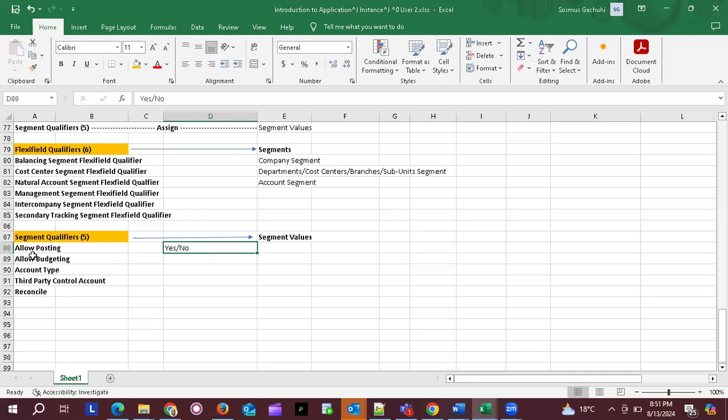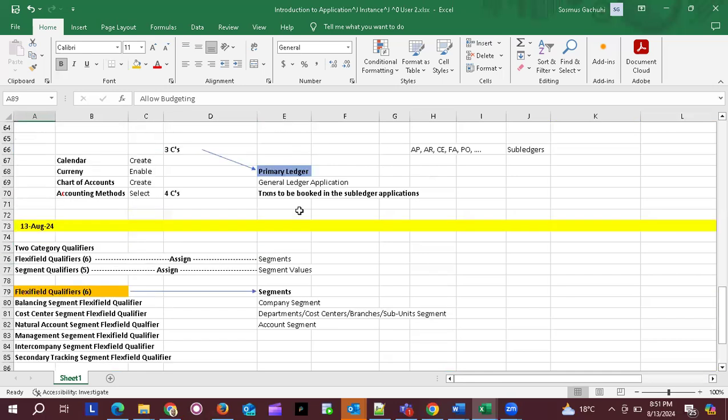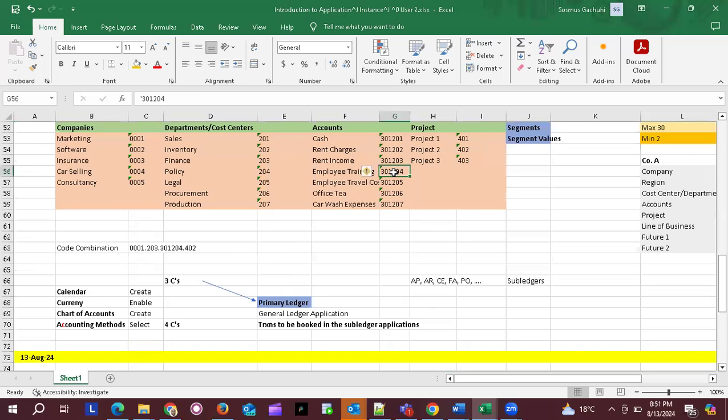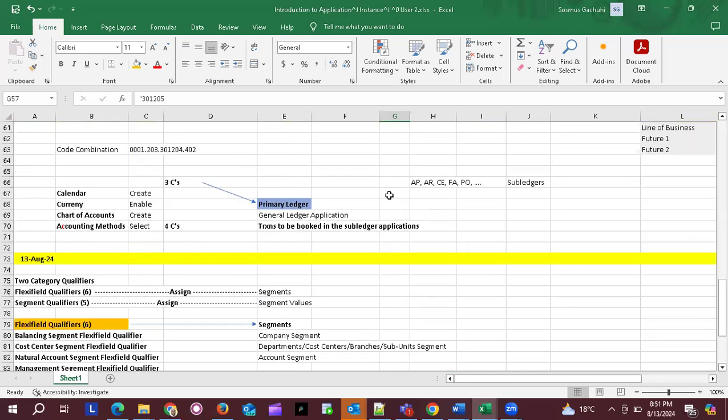The same case applies to allow budgeting. This is so that you can use that account for budget purposes. You can create this account and allow it to be used for budget purposes.